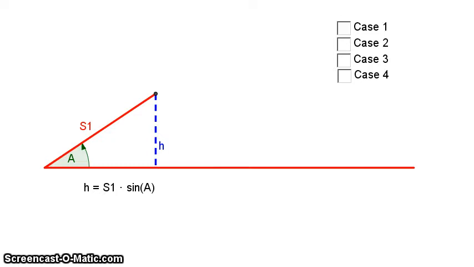So since in each of these cases I have to compare the length of the first side to the altitude h, obviously it's going to be important to know how to calculate the value of h. And so that's what I've done right here.